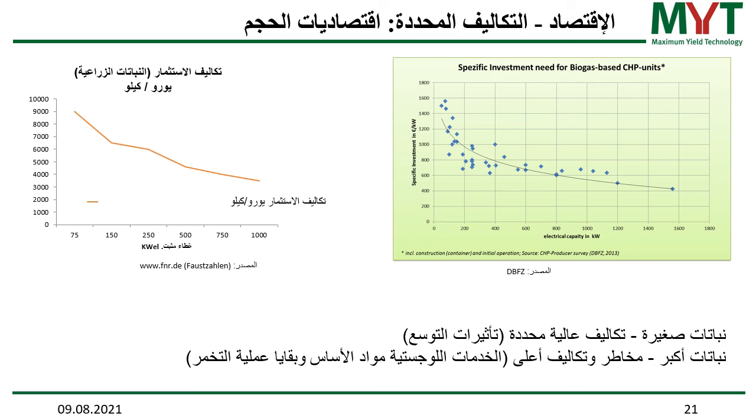They are usually limited. So the amount of substrate available at a certain place usually rules the size of the plant. You can, of course, transfer it, you can buy substrates, but this has natural restrictions due to distances, due to logistics. So that's why the size of biogas plants is usually limited by the substrate availability.